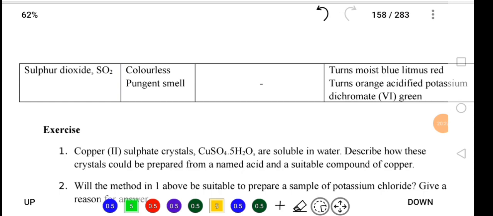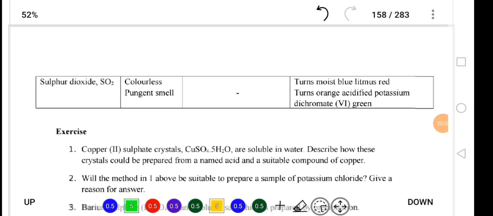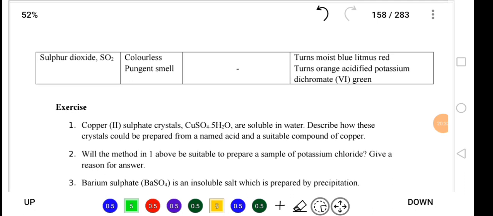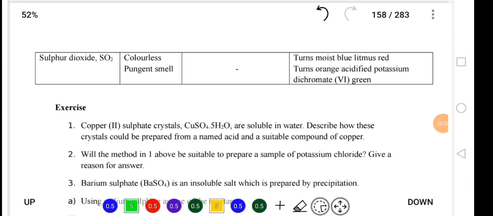Going forward, we look at the last gas, sulfur dioxide. Sulfur dioxide, we are able to see that it is colorless, just like ammonia.